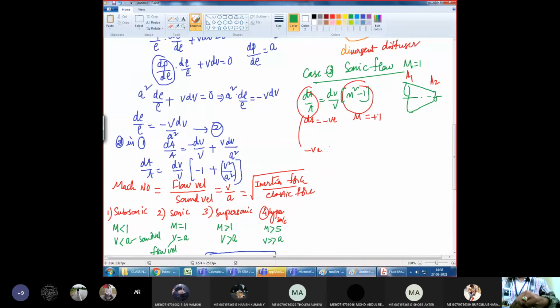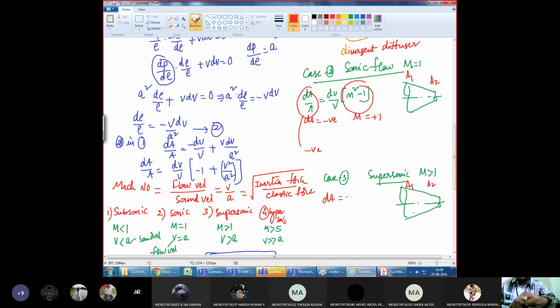Case 3, supersonic. For supersonic flow, we will take the convergent portion first. As we know, for supersonic flow Mach number is greater than 1. This is area A1, A2.